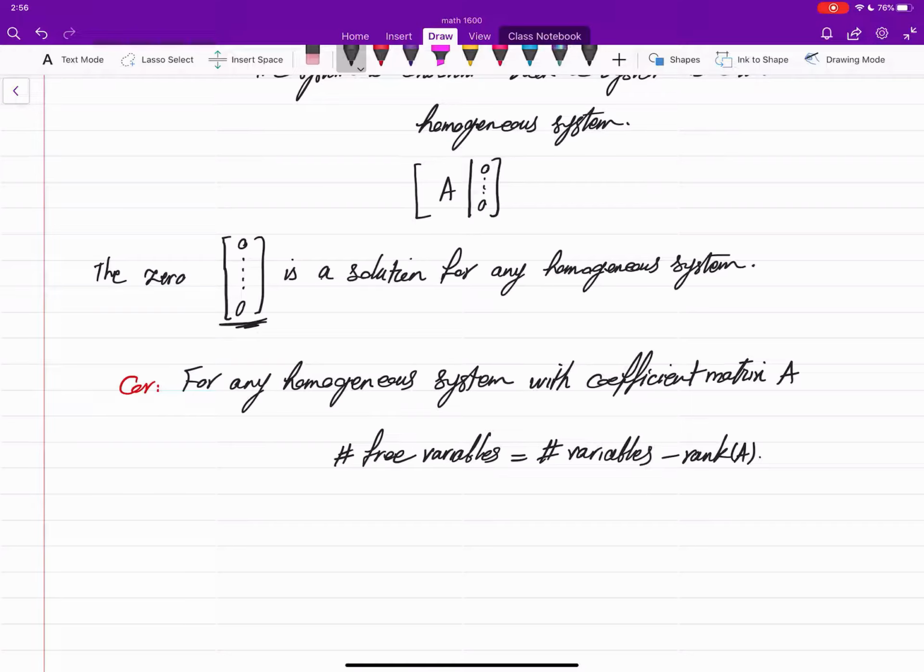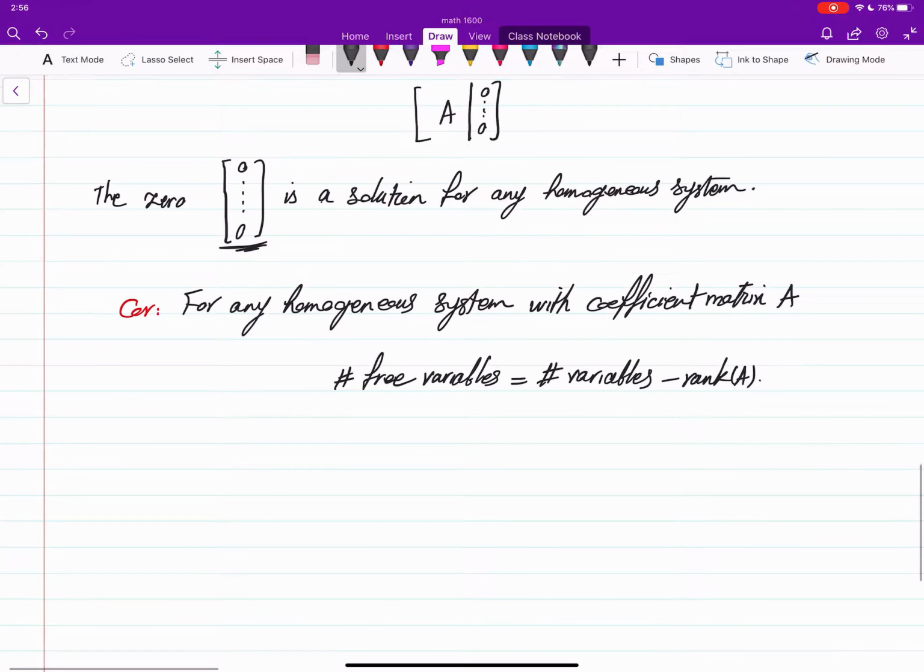And another funny and nice thing is that if we have more variables than equations, then we are always going to have free variables. So this is the theorem that I will finish my video with.